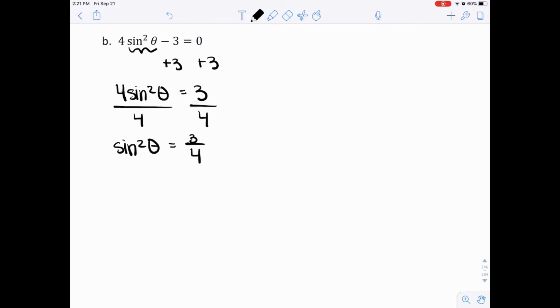And so to cancel out a square, we can take the square root of both sides. Just as if we had x squared is equal to 3 over 4, we take the square root of both sides, we would end up with x is equal to plus or minus the square root of 3 over the square root of 4, which simplifies to 2.